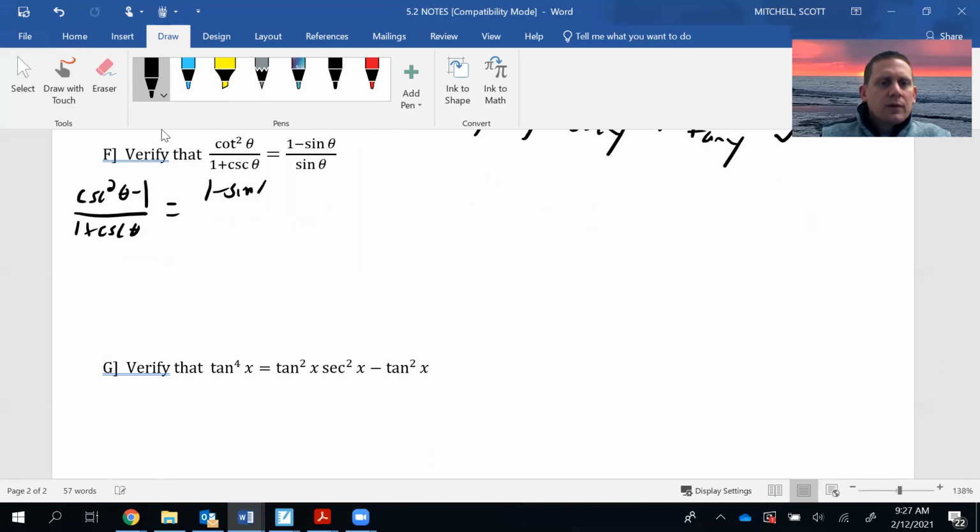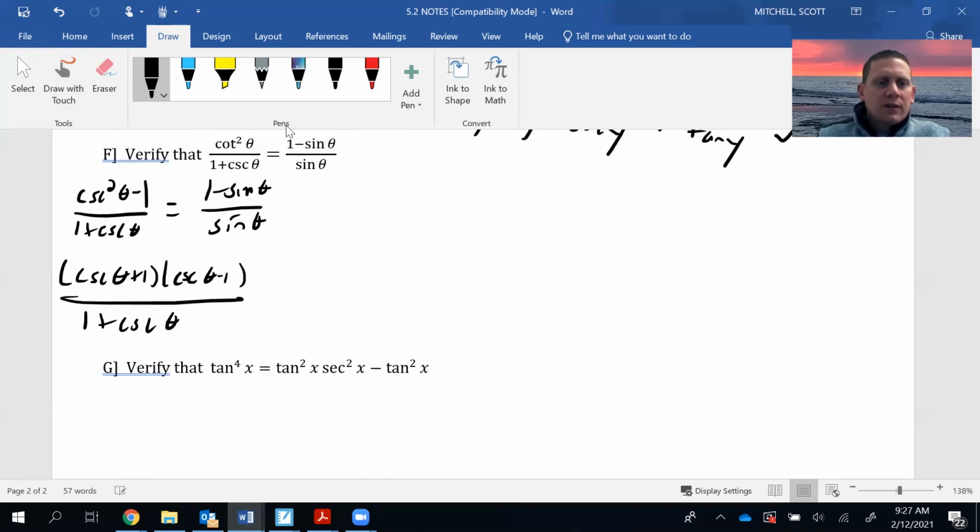And we're still equaling the right side. Okay. So what if I factor the top here? So I'd have cosecant of theta plus 1 times cosecant of theta minus 1. And then on the bottom, I got 1 plus cosecant of theta.